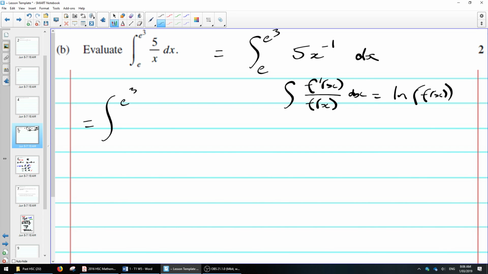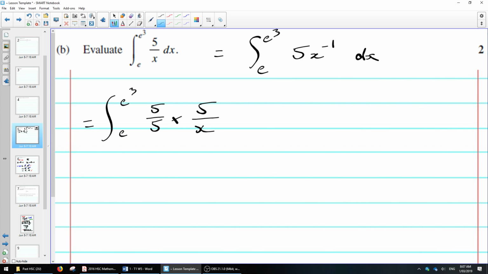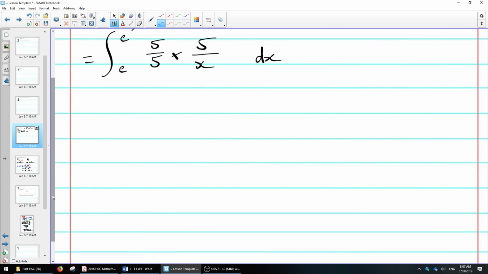We've got the integral from e to the power 3 to e of 5 over 5 times 5 over x dx. Okay. So by multiplying by 5 over 5, I'm just multiplying by 1. I'm not really changing it. And then what do I want to move over? Do I move the top or the bottom?